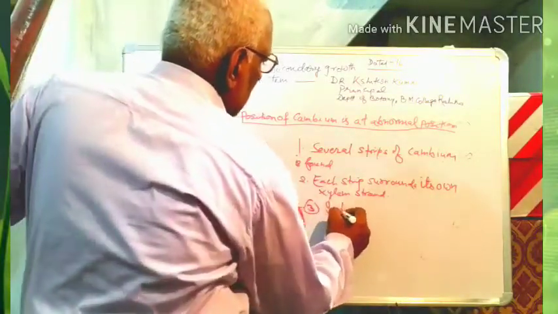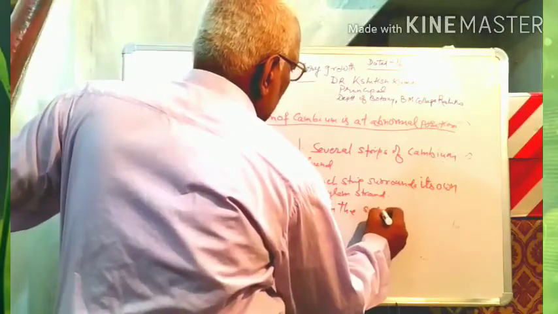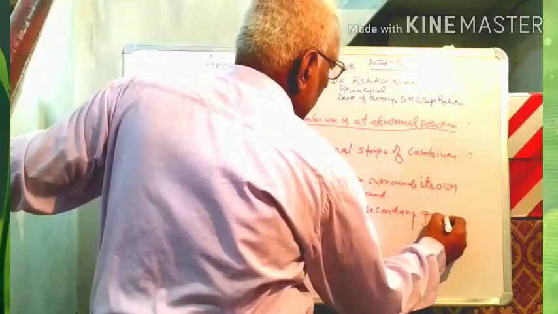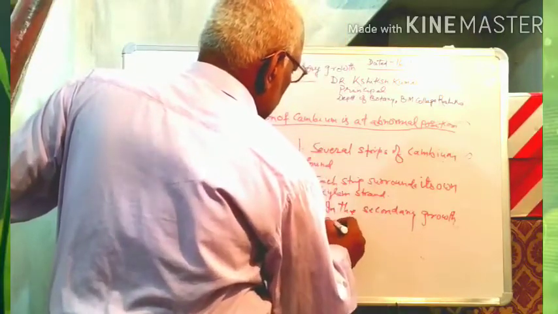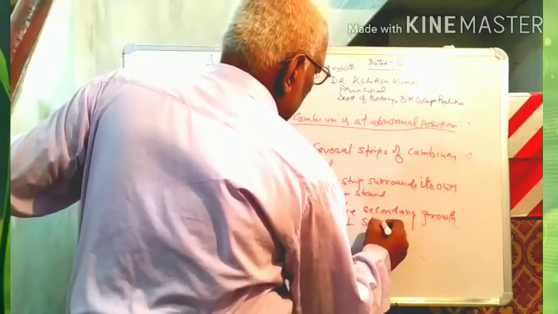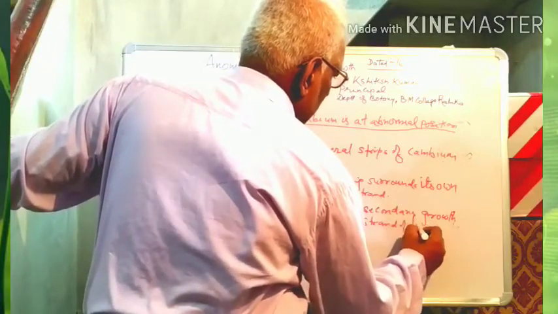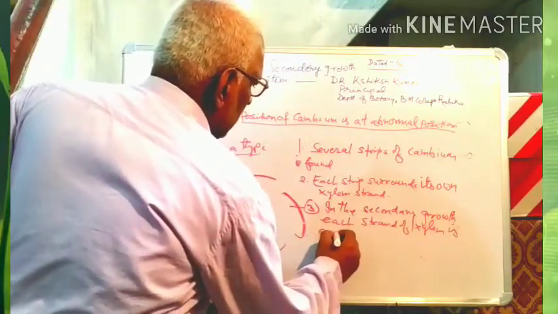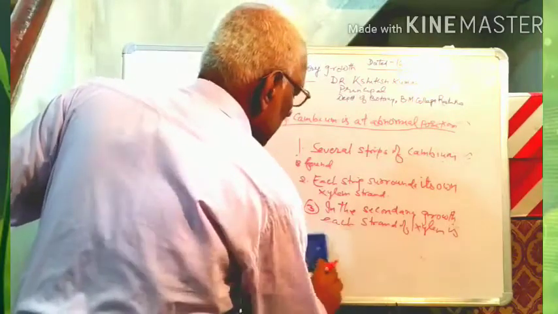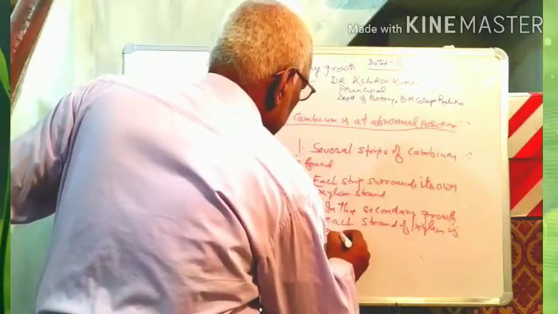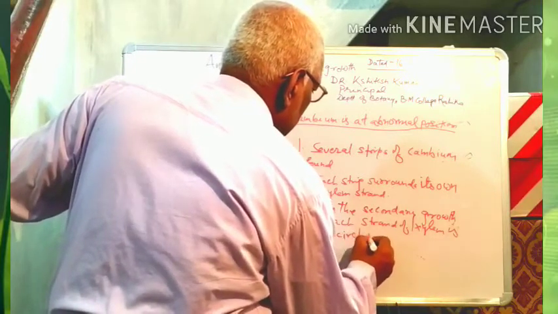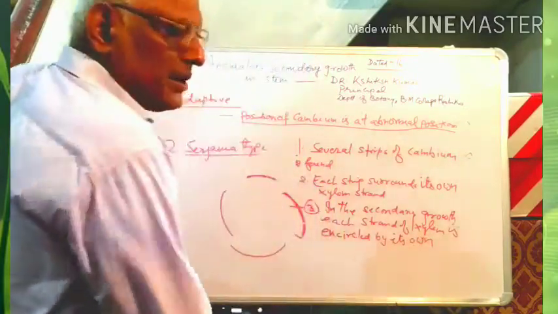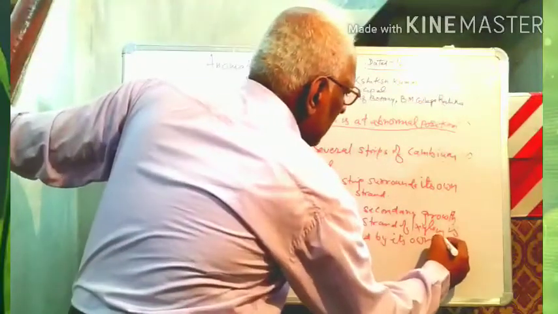In the secondary growth, each strand of xylem is encircled by its own cambium ring.